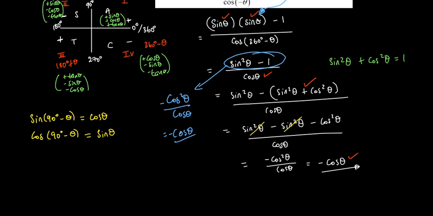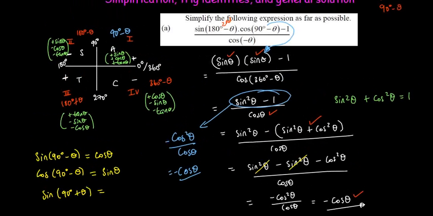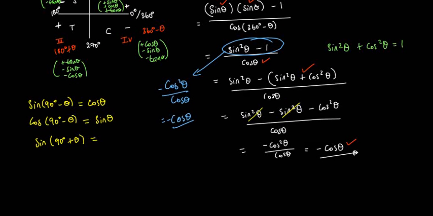Now, what if we have sine 90 degrees plus theta? Well, that is no problem. Usually we consider 90 degrees plus theta to be in the second quadrant. I don't want you to cram that 90 plus will be minus or plus.